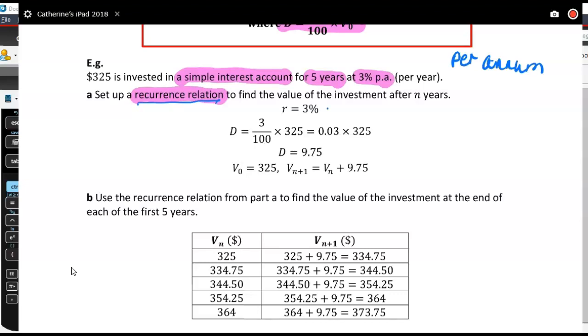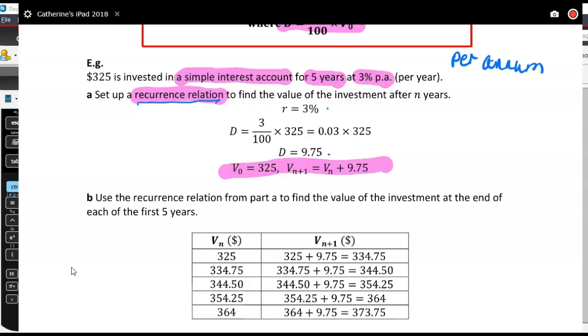So my R is 3%. So 3% of 325 is $9.75. So my recurrence relation is V0 equals 325, comma, Vn plus 1 equals Vn plus 9.75.